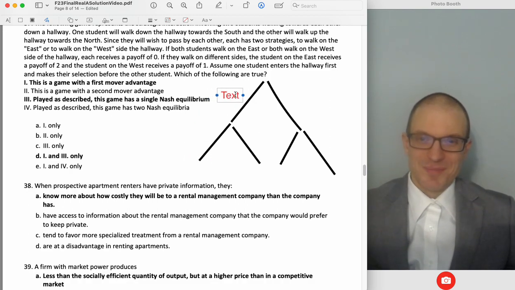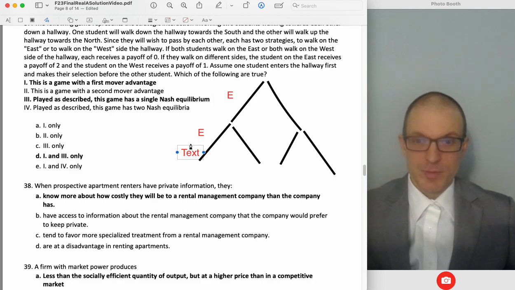Shoot. So this is going to be east, and this will also be east, and this will be west, and this will be west for our other player, and this will be west for this player.